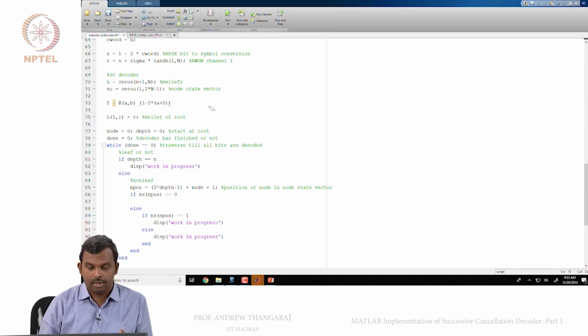Okay. So, this times 1 minus 2 times. So, I should assume that a and b will be vectors. So, I will put a dot product here and then dot into min of ABS of A, comma ABS of B. Hopefully this will work.